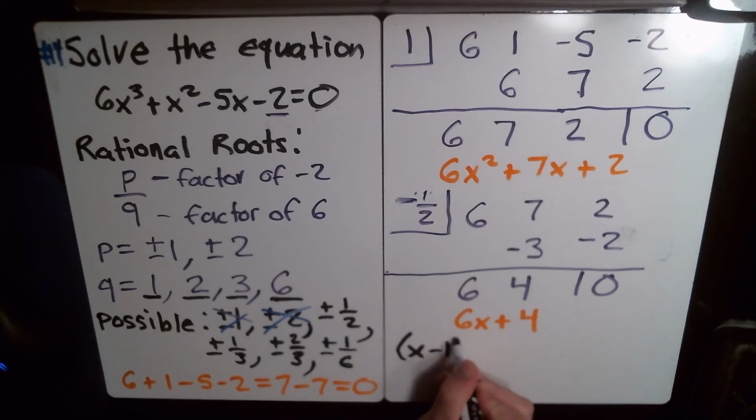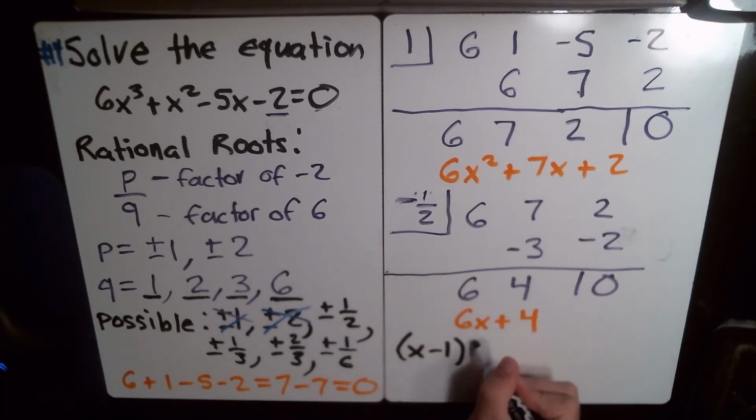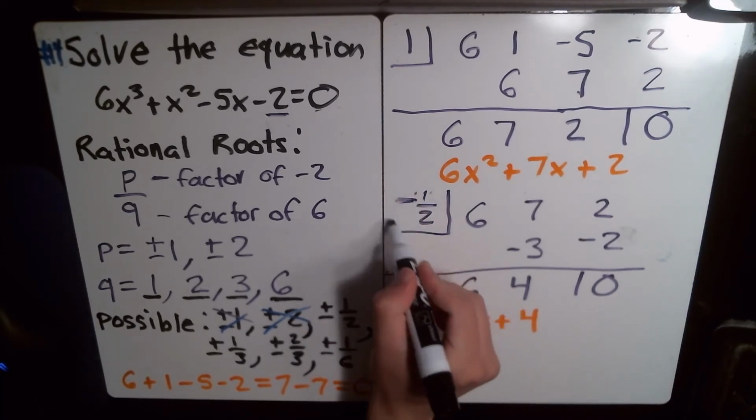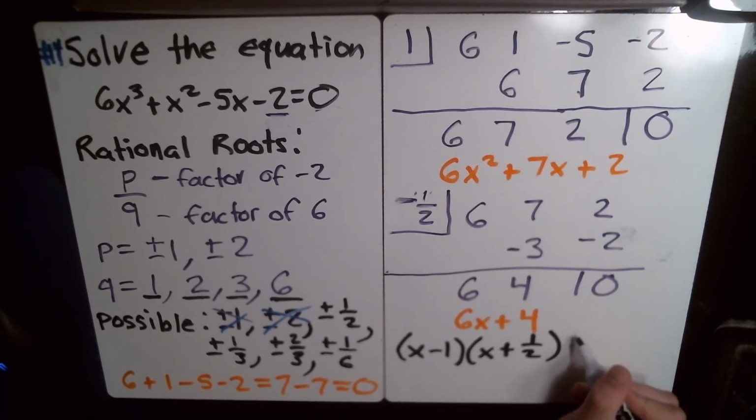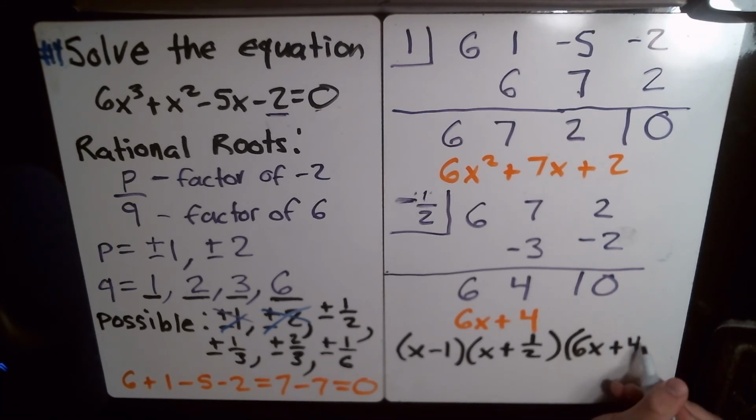An x minus 1 and an x, well, it was a negative, so it's going to be x plus 1/2, and then a 6x plus 4 is how this is going to factor, equals 0.